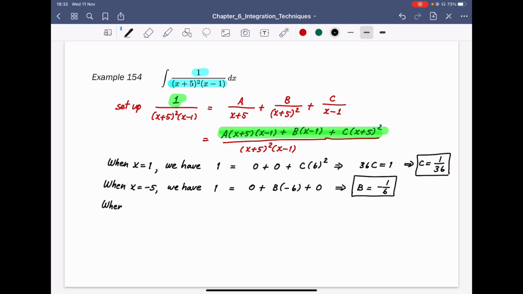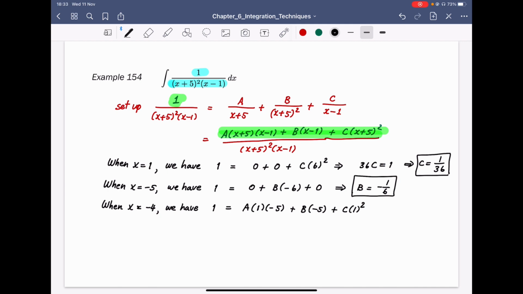When x equal to negative 4, we have 1 equal to A times 1 here, and then times negative 5, and then plus B times negative 5, and then plus C times 1 squared.